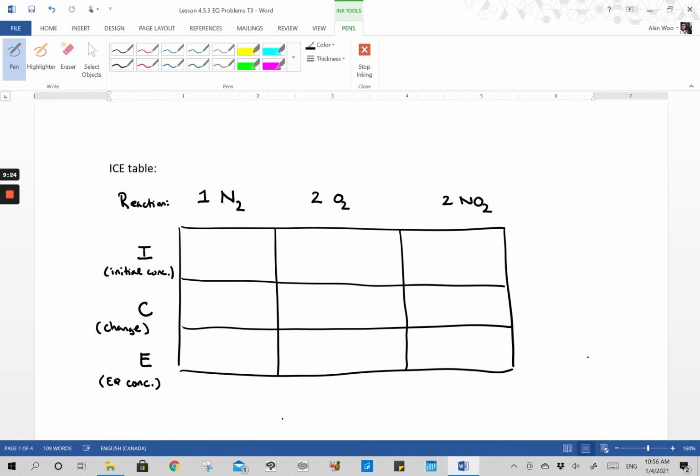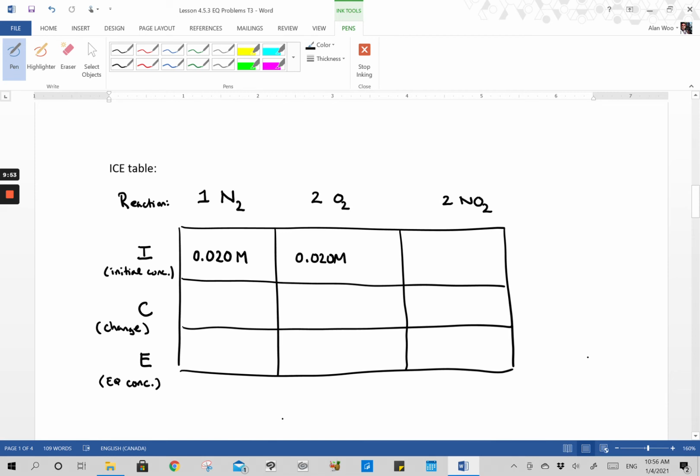So there are certain components of this ice table that we can fill in already. For example, we know what the initial concentrations of our 2 reactants are, because they were given. It's 0.020 molarity. So we fill it out the way that it was given to us in the question.